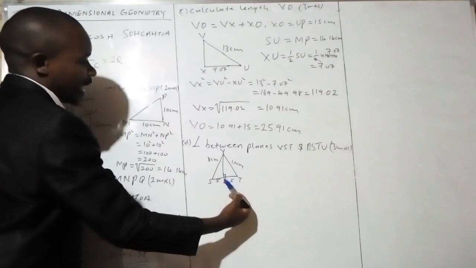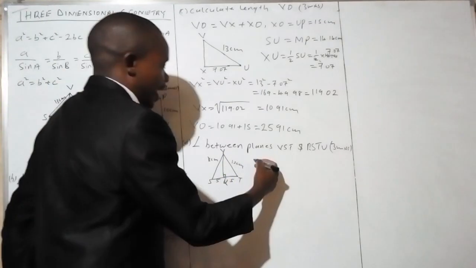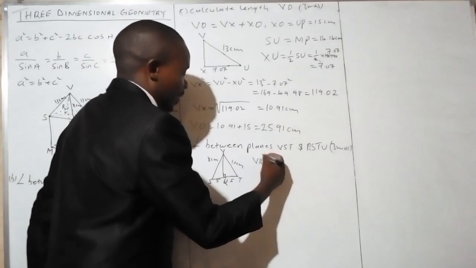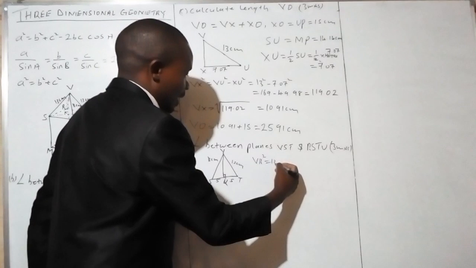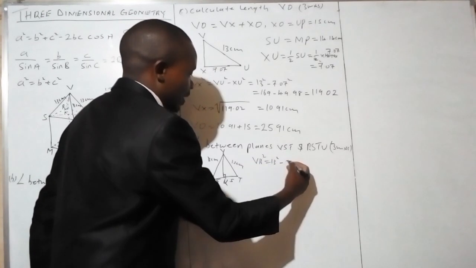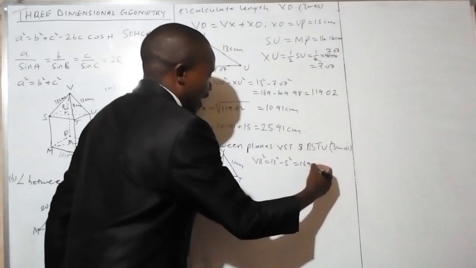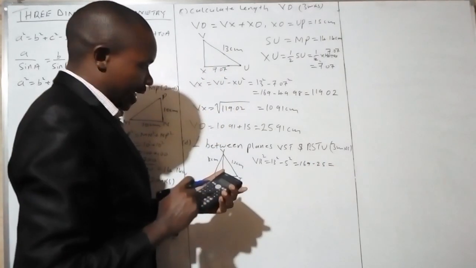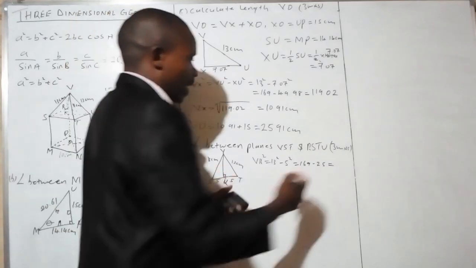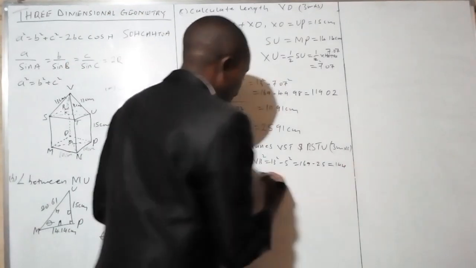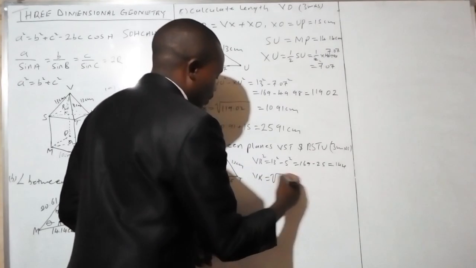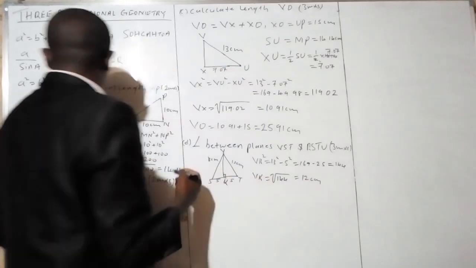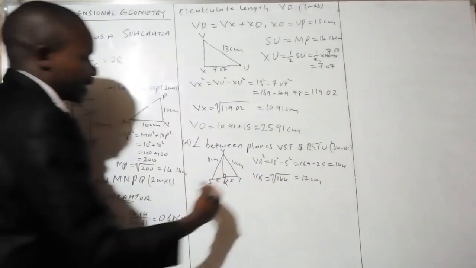VK is equal to the square root of 13 squared minus 5 squared, which is 169 minus 25, 144. VK is the square root of 144, and this is 12 centimeters.